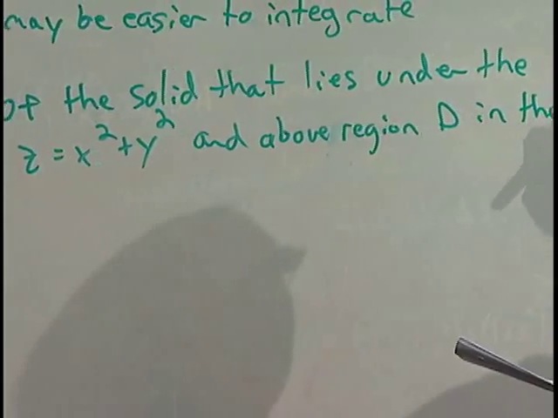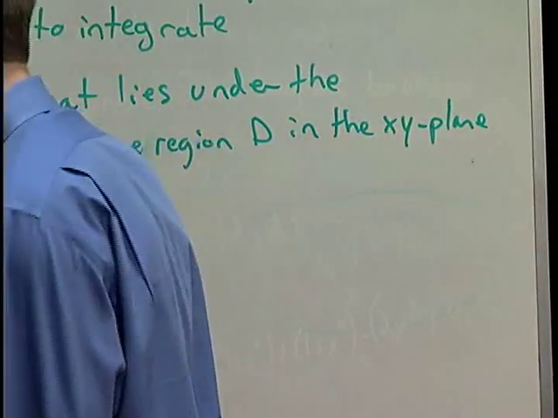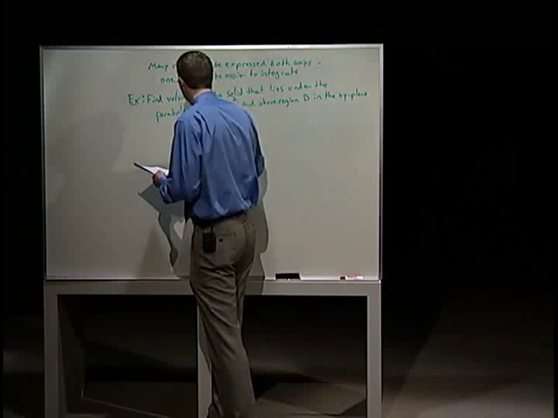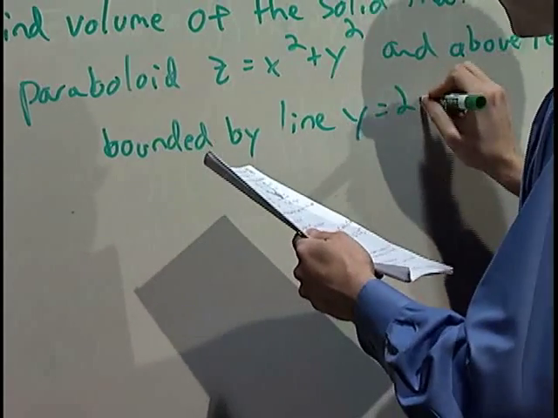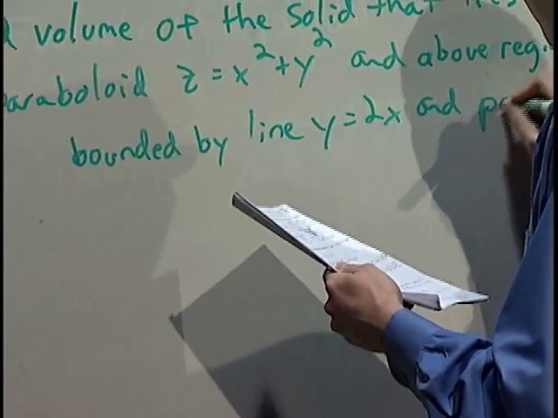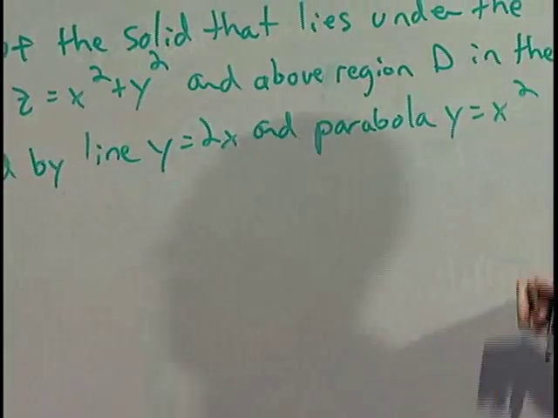In the xy plane, let's have D be bounded by the line y equals 2x and the parabola y equals x squared. Okay?